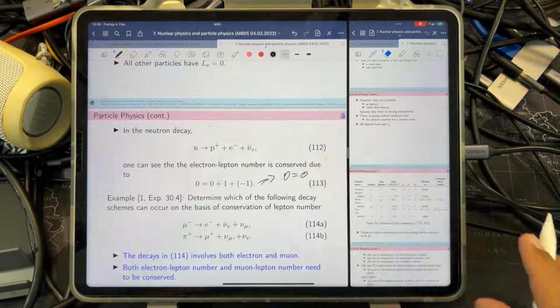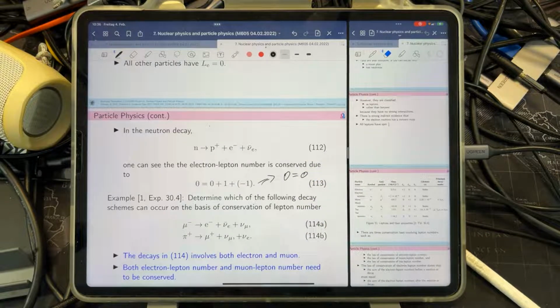So once we get the conservation, you could see that the total electron-lepton number on the left before the reaction or the decay is 0. And the total electron-lepton number after the decay will remain also 0. Both are equal to each other.